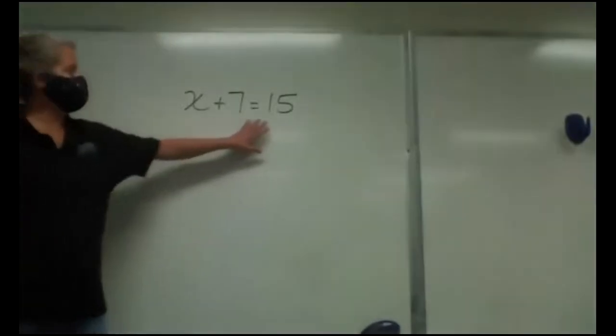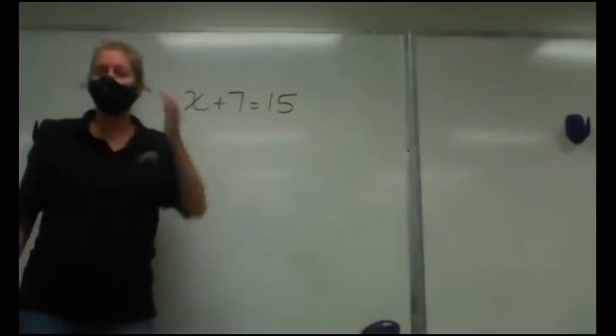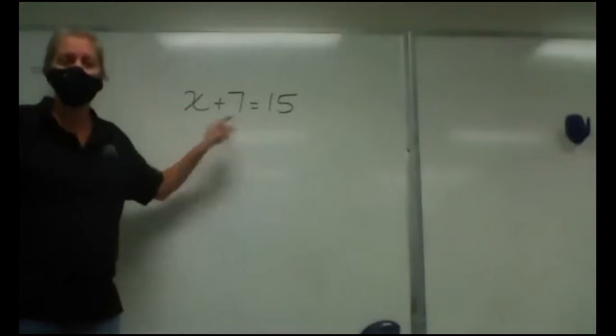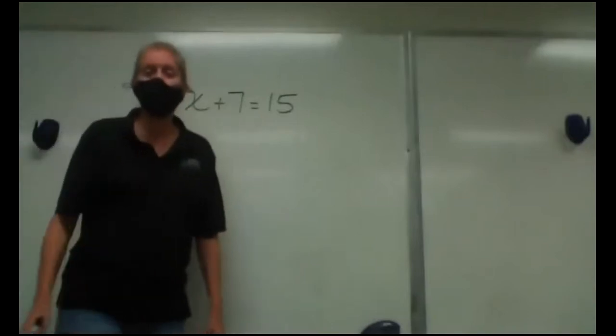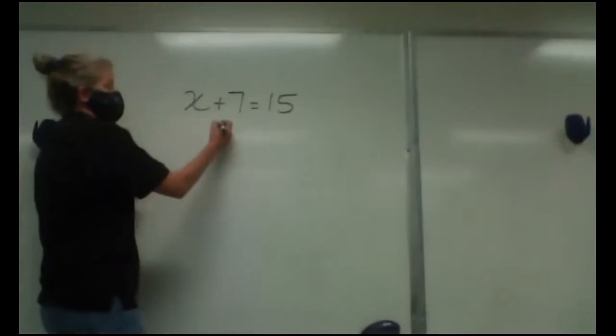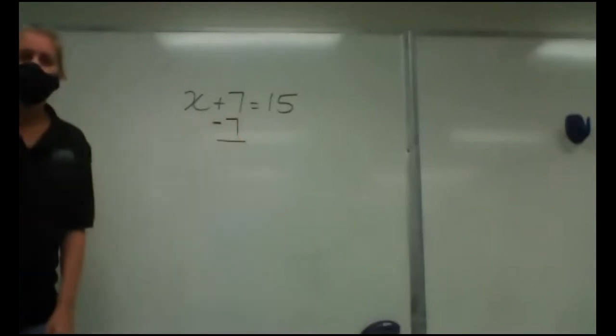So if I had an equation like this, x wants to be completely by itself. I need to get rid of this plus 7. What's the opposite of adding? The opposite of adding is subtracting. So the way I'm going to get rid of this plus 7 is to subtract 7 from it.